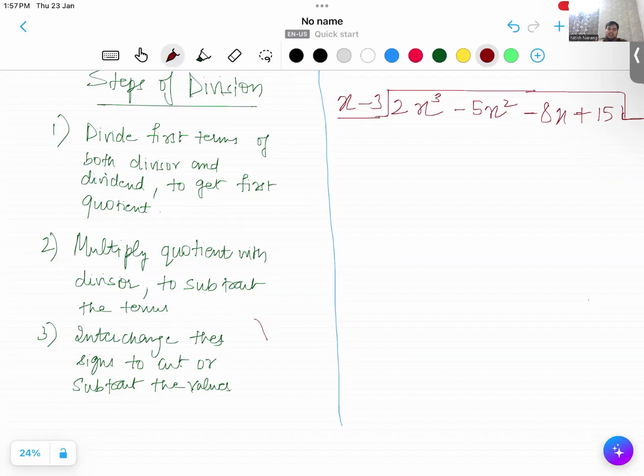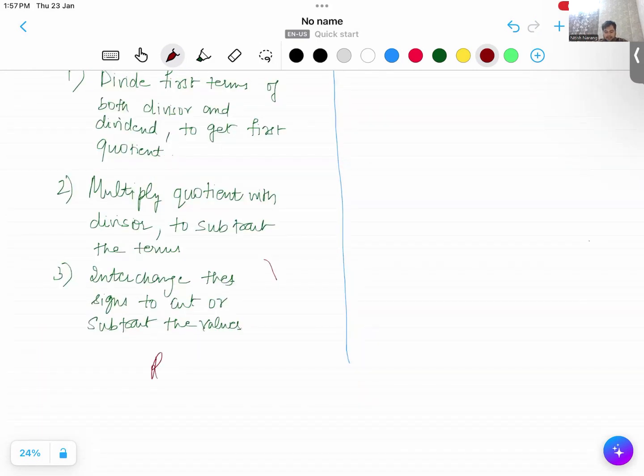The last process is to interchange the signs of the terms, as they are being subtracted from the previous terms, to get the required answer. And we will repeat this step until the divisor becomes greater than the dividend.